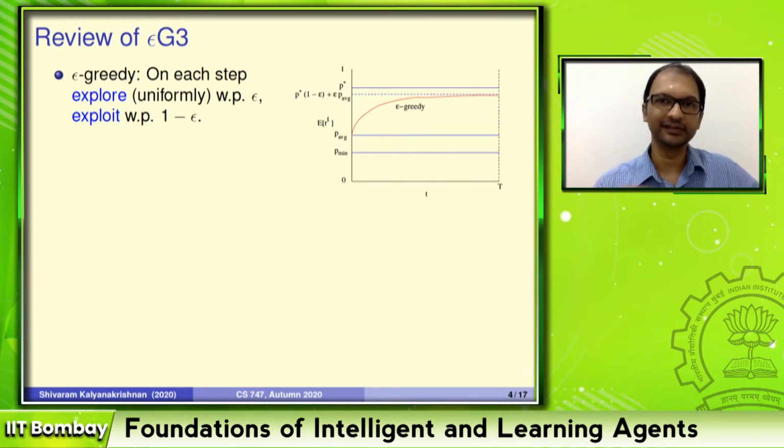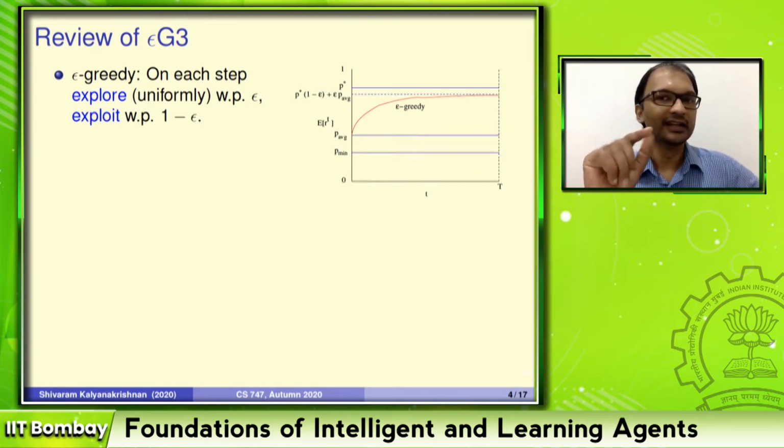Now, the important point is that even if this graph explores the arms sufficiently often, right, and it has figured out that this is the order of the means, right, because let's say it has sampled each arm a very, very large number of times, and at some point the order of the empirical means is consistent with the order of the true means, let us say.